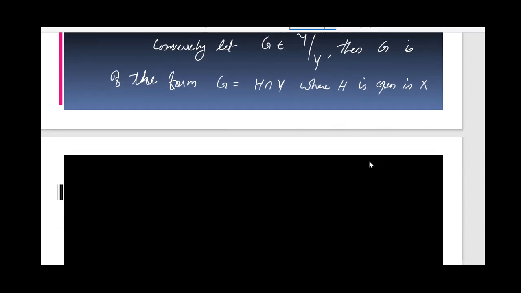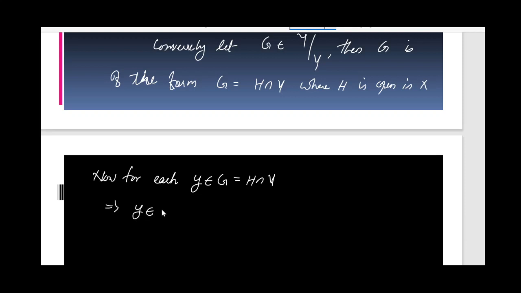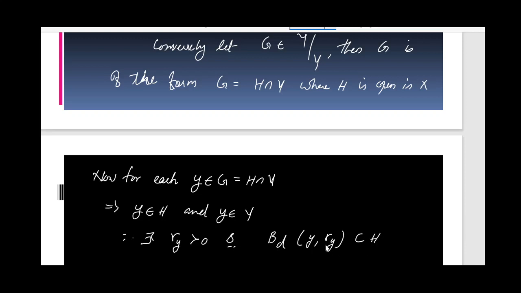Now for each y belonging to G, G is of the form H intersection Y. So y belongs to H and y belongs to Y. Therefore, there exists some r_y greater than 0 such that B_d(y,r_y) is contained in H, because H is open.